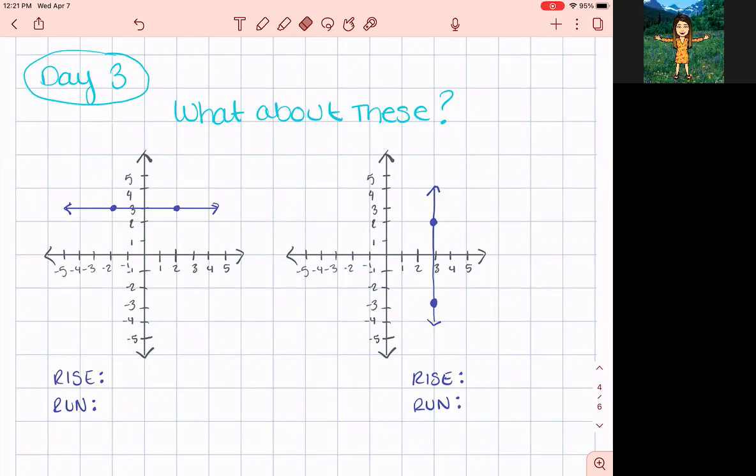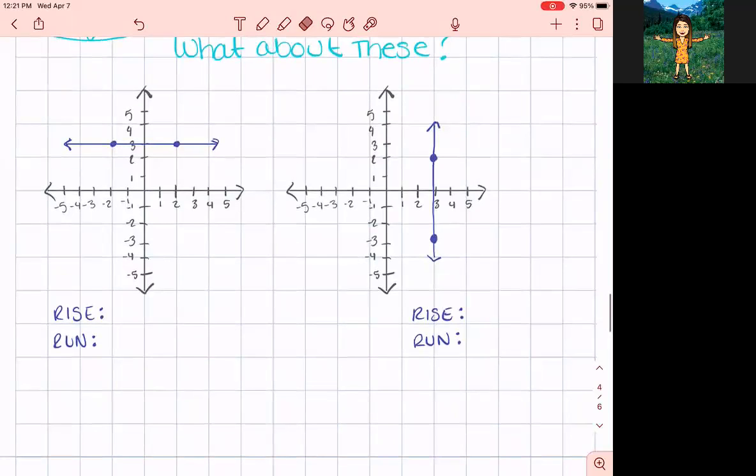If we think about it as rise over run, from this dot to this dot, it rises 0. So we would put a 0 for your rise. It runs 1, 2, 3, 4, so the run is 4.